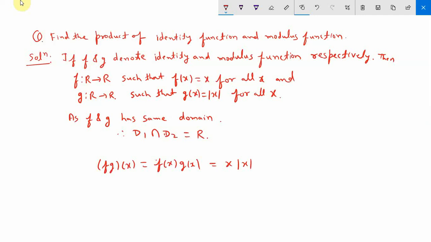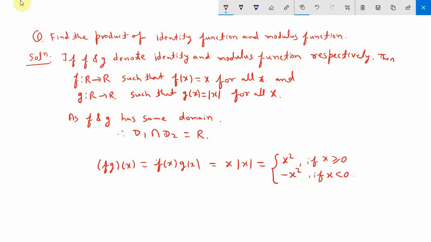So mod x will be x when x is greater than or equal to 0 and minus x when x is less than 0. So x into x will be x square if x is greater than or equal to 0, and x into minus x, because mod of x will be minus x when x is less than 0, so it will be minus x square if x is less than 0. Okay friends, so this is the product of identity function and modulus function.